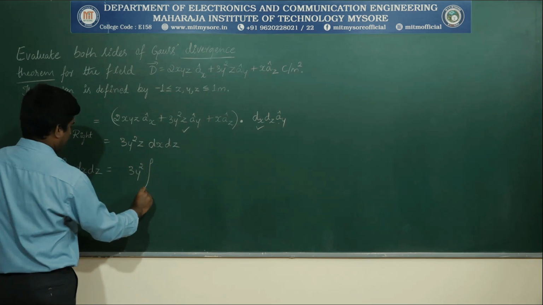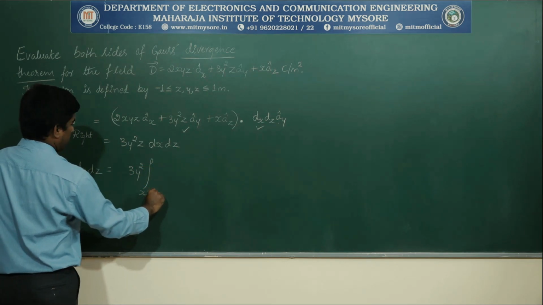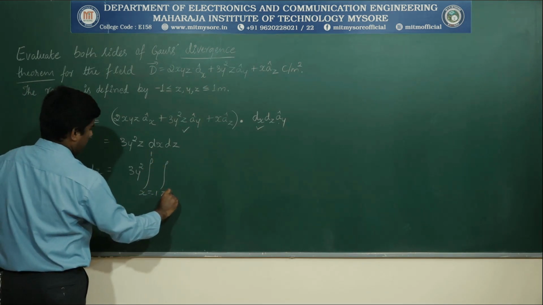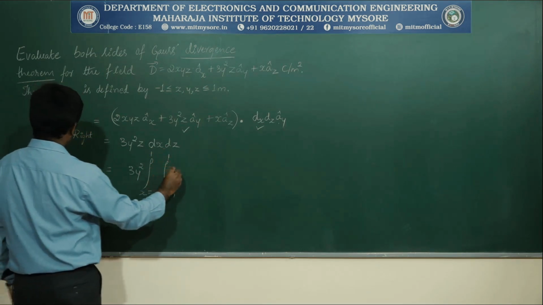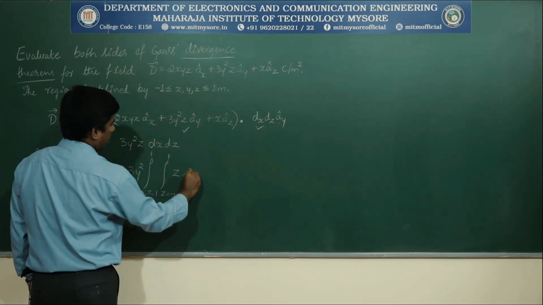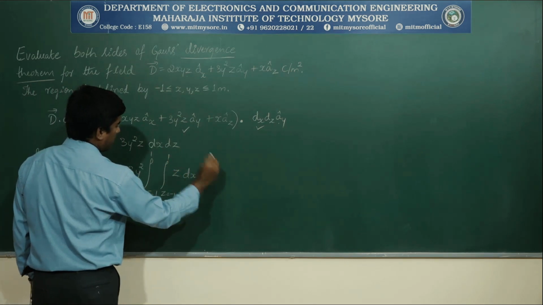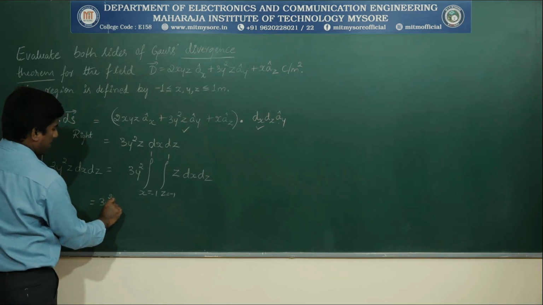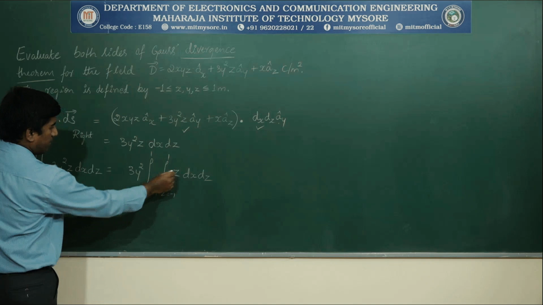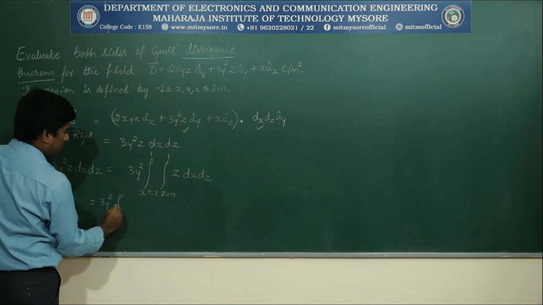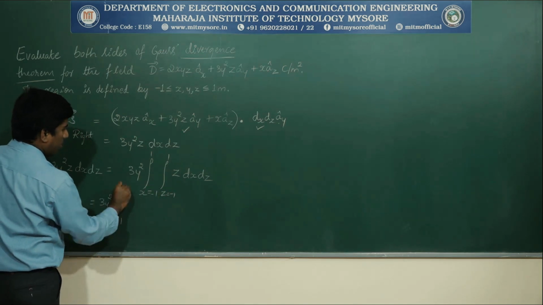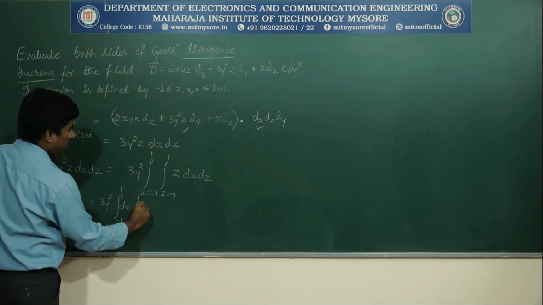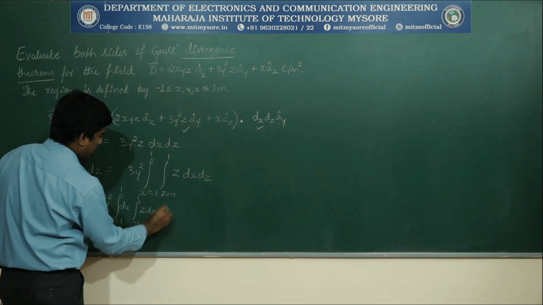Integration from x equals -1 to +1, integration from z equals -1 to +1, z dx dz. So what is the result? 3y² into the integration of -1 to +1 dx, times the integration of -1 to +1 z dz.